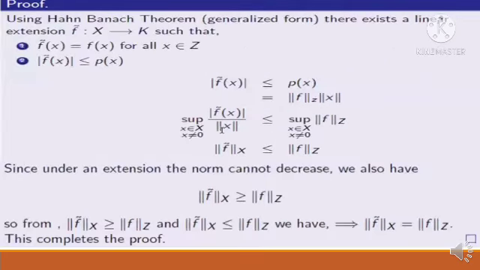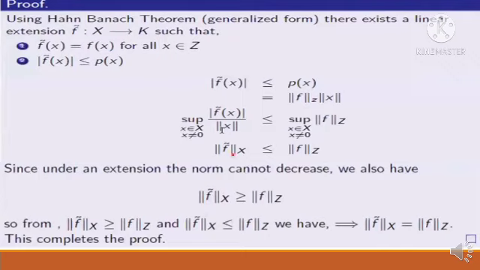So we use the generalized Hahn-Banach theorem, which says that there exists a linear extension f tilde from X to K, such that f tilde of x will be equal to f of x for all x belonging to Z. And second, this f tilde will be bounded above by the sublinear functional p of x.